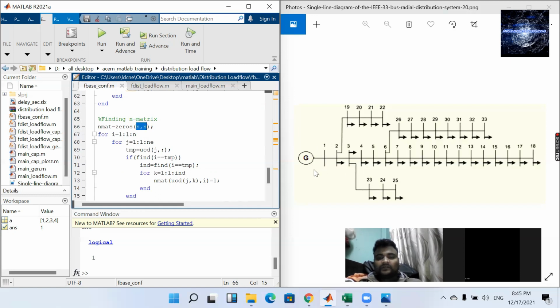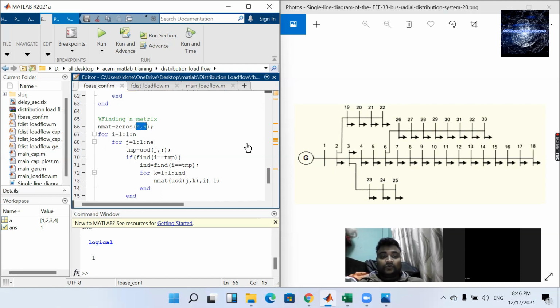For this given figure, only bus number 1 feeds the power to the load of bus number 1, not others. But bus number 1 feeds the power to the load of every bus, because for other buses, the power must go through bus number 1. But for bus number 1 itself, only the load of bus number 1 is fed through bus number 1.